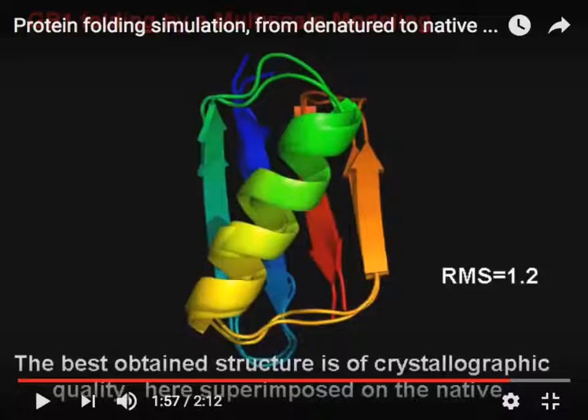Okay, the best obtained structure, of crystallographic quality. So they had somebody go through and do this the old-fashioned way of shining X-rays at it and then solving what the crystal structure was to get the exact structure. And they took that exact structure and they took their model and they put them on top of each other.